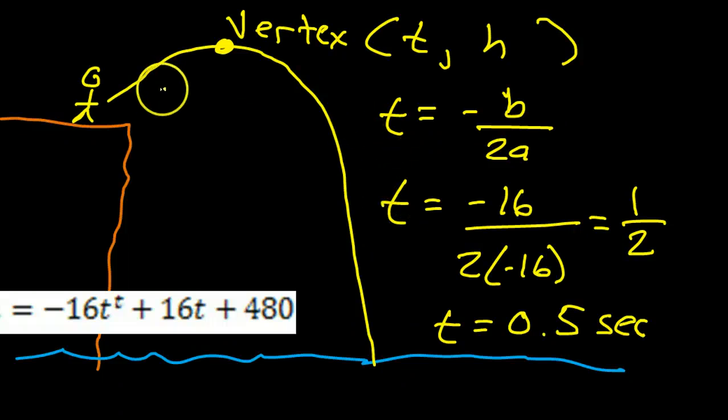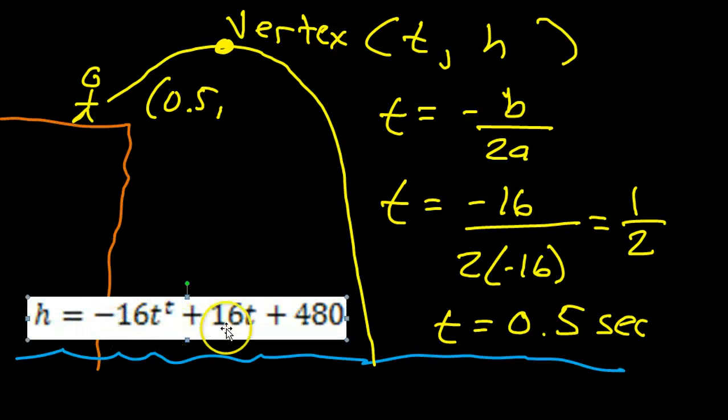So we're dealing with 0.5 seconds, but we need the maximum height. So we need the y value that goes with this x value. We can find that by putting this equation into our calculator and seeing the y value that goes with the x value. This is the same as taking 1/2 or 0.5 and plugging it in for t.